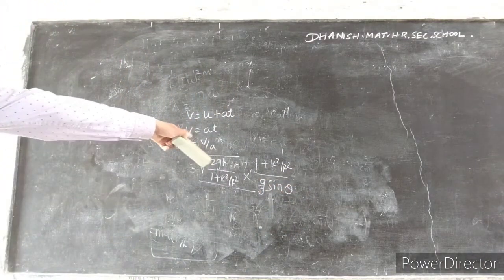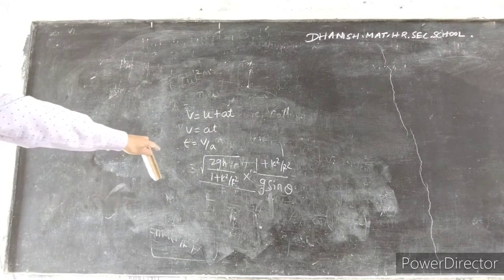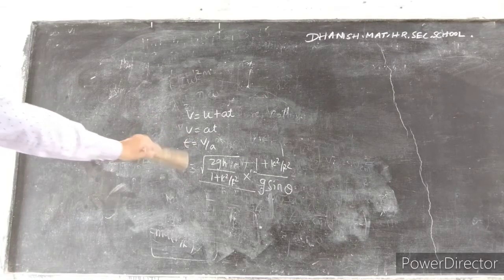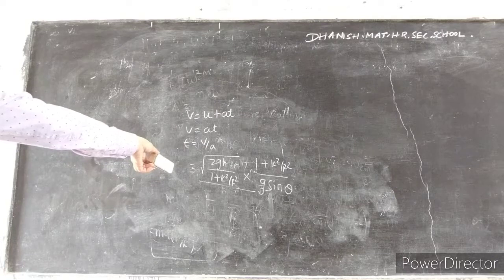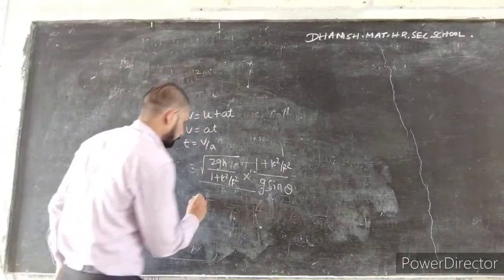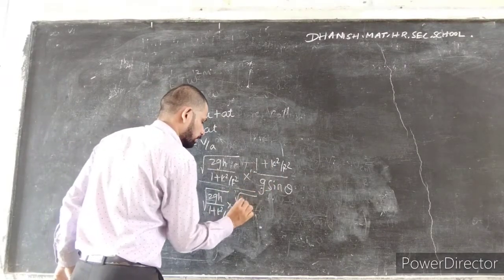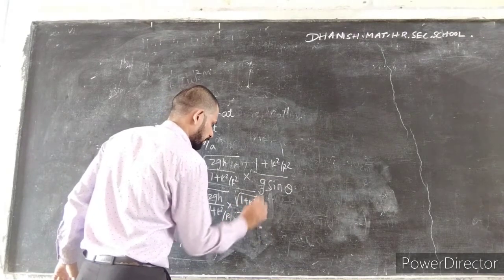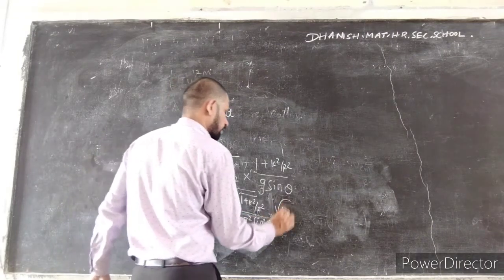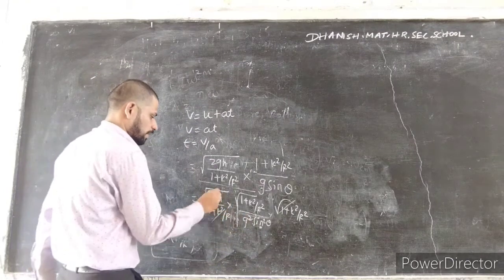Here we take the k squared by r square terms out. The root of 1 plus k squared by r square cancels with the other, and one g cancels.